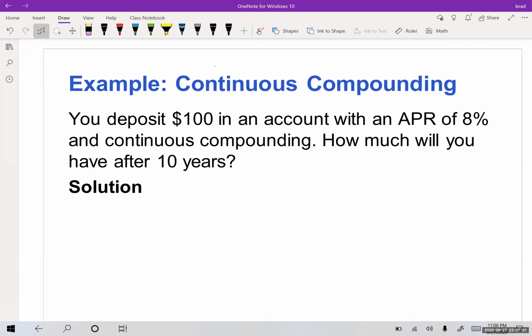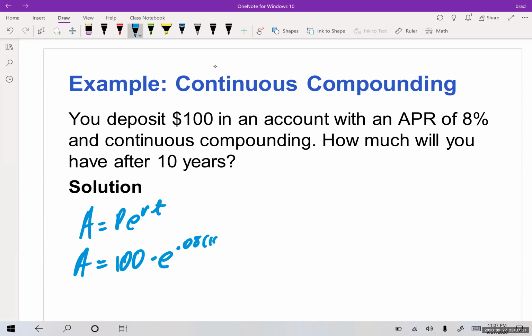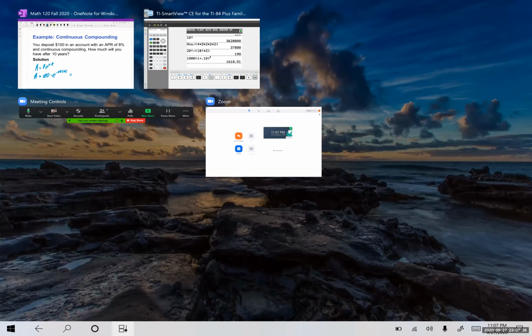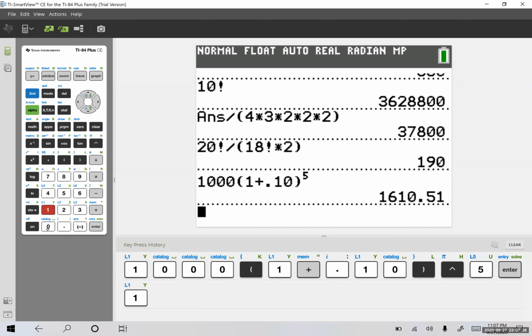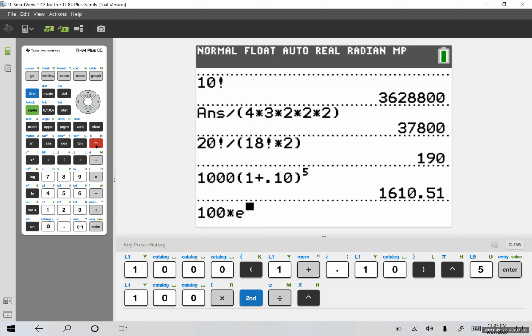So you deposit $100 in an account with an APR of 8% and continuously compounding. How much will you have after 10 years? Look how easy this formula is. A equals P e^(rt). So I'm just going to say A equals $100 times e to the 0.08 times 10 years. On my calculator, I'm going to do 100 times second function e, there's e right there, to the power, and then you may need to use parentheses.